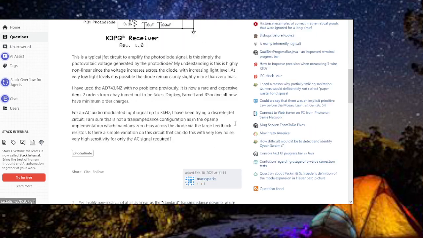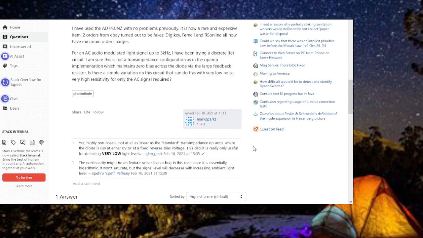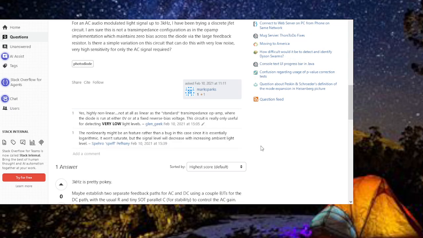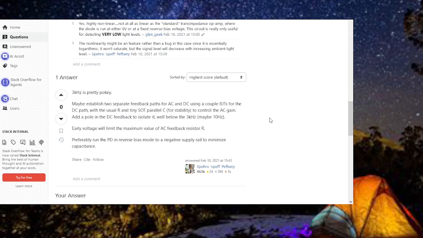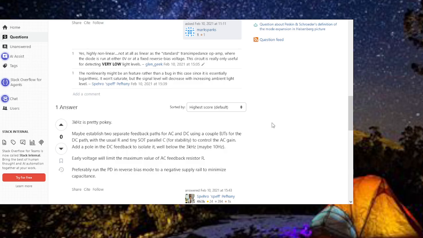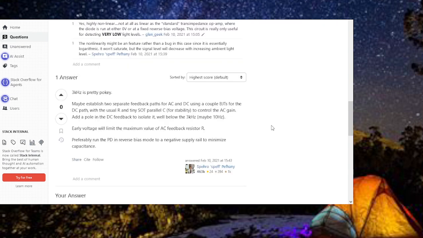Yeah, I don't like that diode connected to the FET like that. Non-linearity might be a feature rather than a bug, etc., etc. It won't saturate, yada, yada, yada. Listen to this.